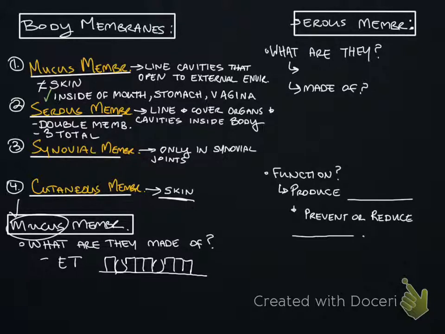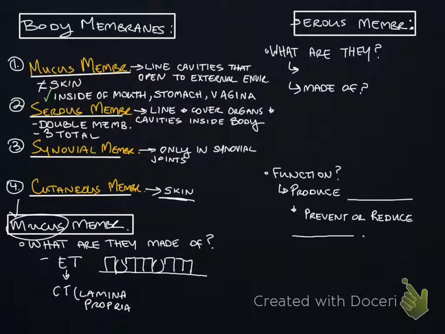And deep to the epithelial tissue, then, would be connective tissue. And that connective tissue is often called the lamina propria.